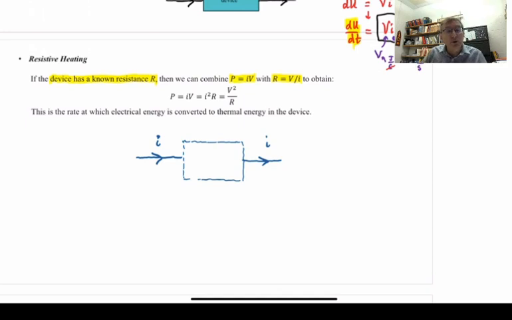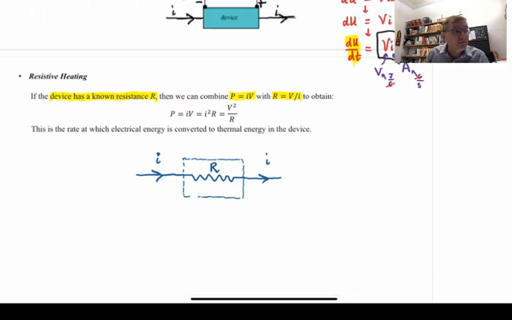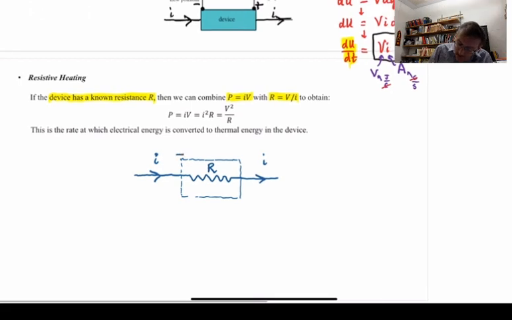Let me show you the circuit diagram symbol for a resistor. It's just an up and down zigzag, and you put an R by it, meaning that's its resistance. And the left end is the high potential side, and the right end is the low potential side, and the current is flowing from high potential to low. It's a potential drop, V.